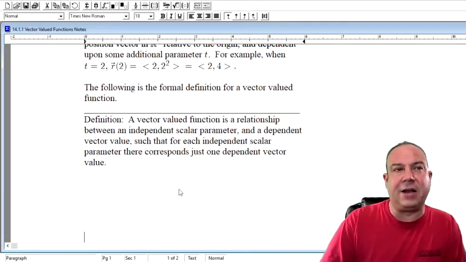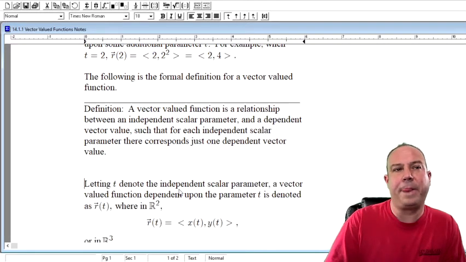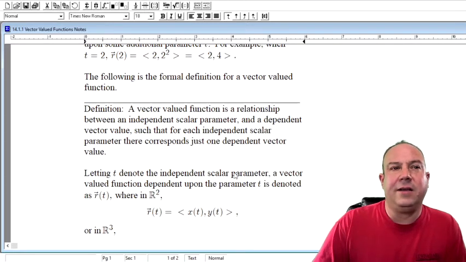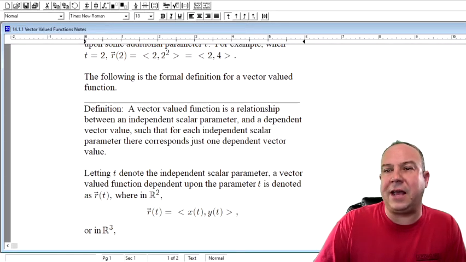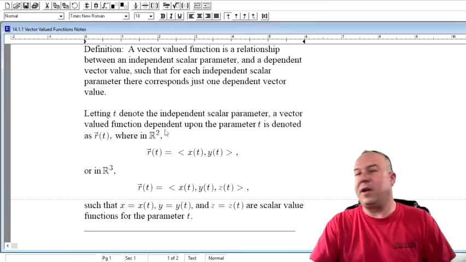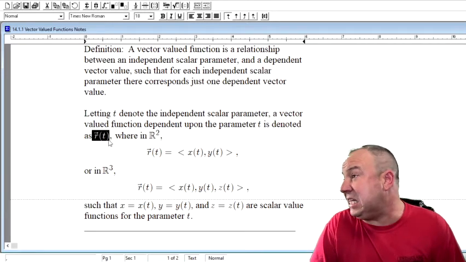All right? I do go a little further in the definition and incorporate our notation. Commonly, t is used as our parameter, right? Letting t denote the independent scalar parameter, a vector valued function dependent upon the parameter t is denoted as r bar of t.